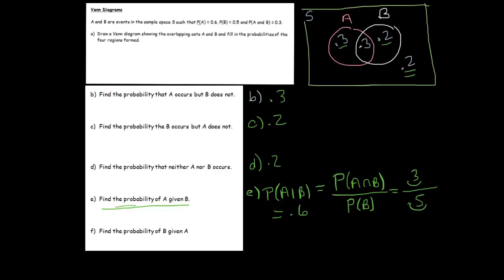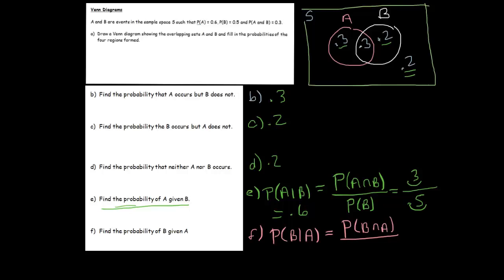Again, the probability of B given A is the probability of A and B happening divided by, and if this confuses you, in terms of the structure of the formula, I could say B and A to keep it consistent with the structure I used above. But notice B and A are the same.